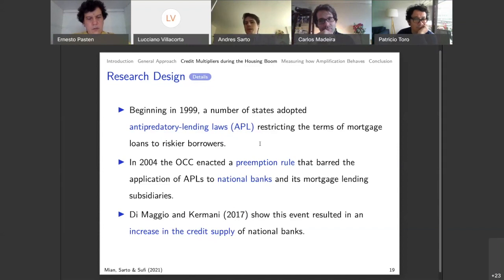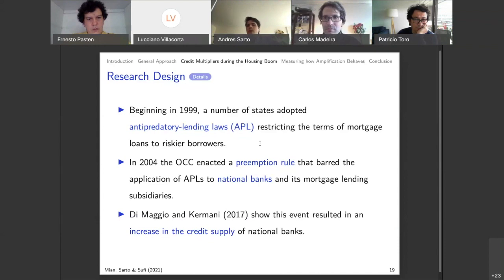The first part of their paper is to show that this is a great supply shock, since the policy only is relevant for APL states, and after 2004. There's going to be a triple difference strategy, and this is what they use, and this is exactly what we're going to use.